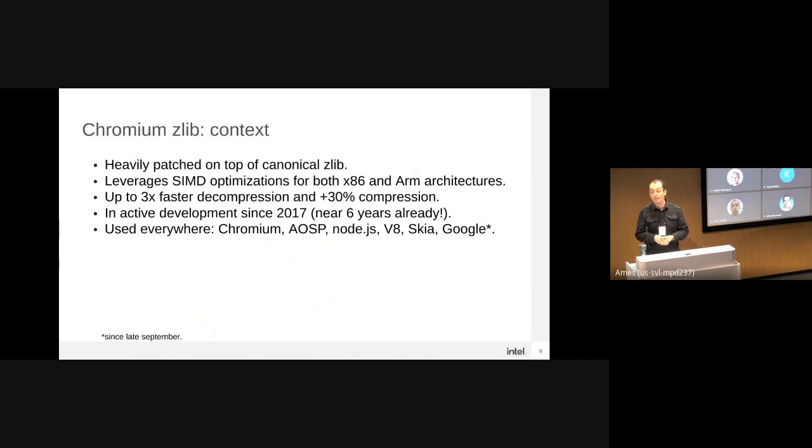And it's been under active development since 2017. It's almost 6 years already, and is used everywhere, both by Chromium as also Android, Node.js, V8, and since last September by Google proper in the servers.